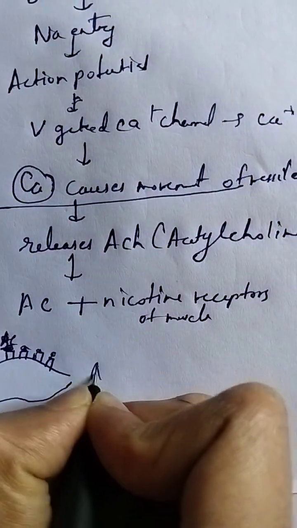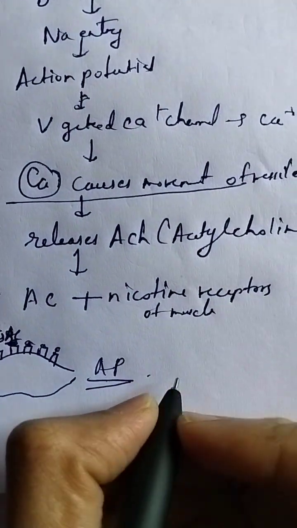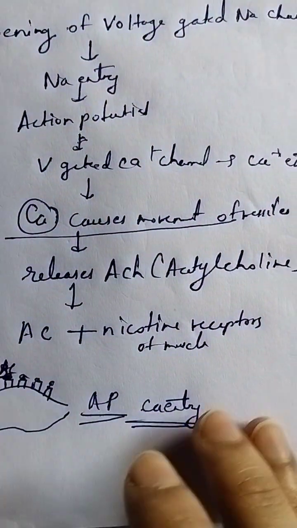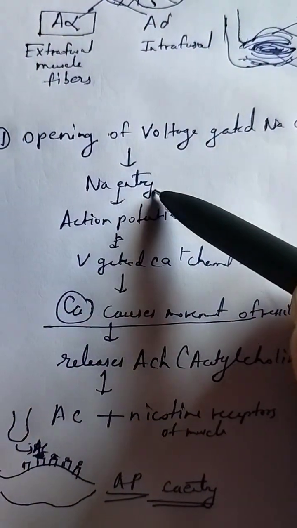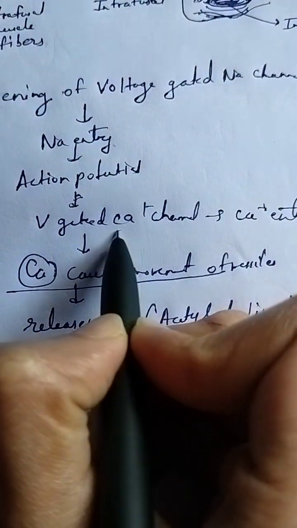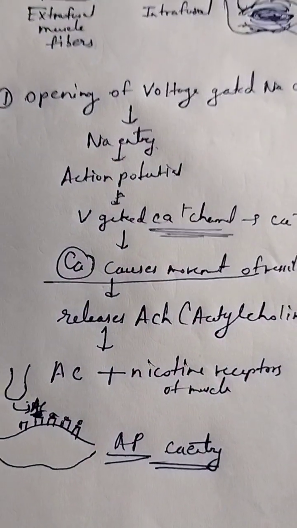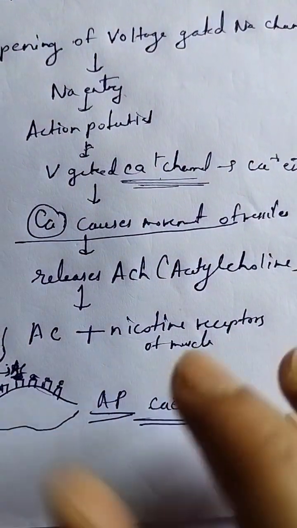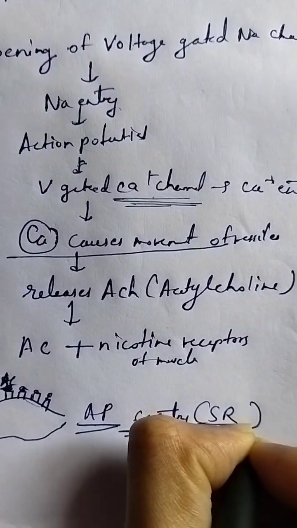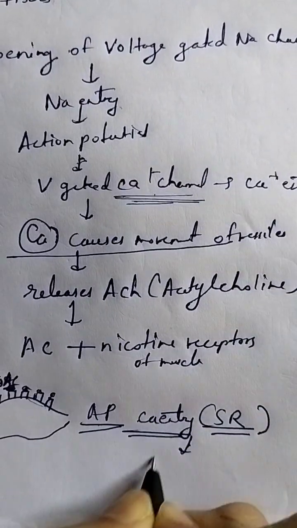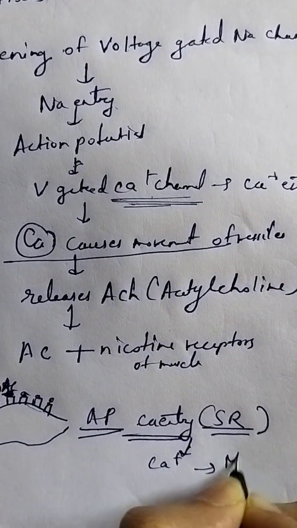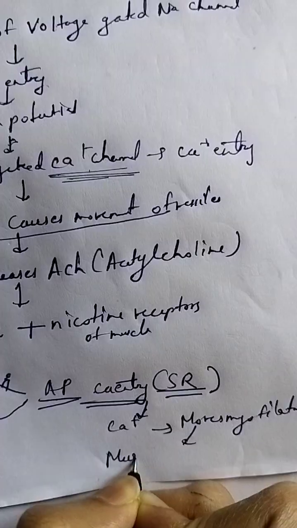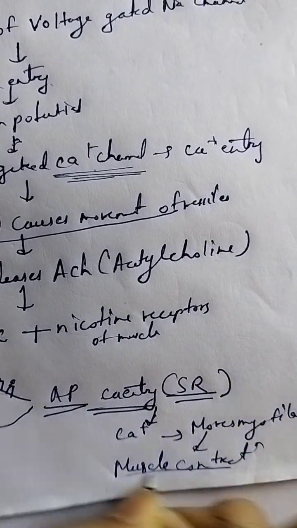Then an action potential generates, and calcium entry occurs. But in the neuron, calcium entry was done with the help of other stimulators, whereas in the muscle there is a storage site for the calcium, that is the SR. From the sarcoplasmic reticulum, the calcium is released and moves the myofilaments, and this causes the muscle to contract. Muscle contraction occurs in this stage.